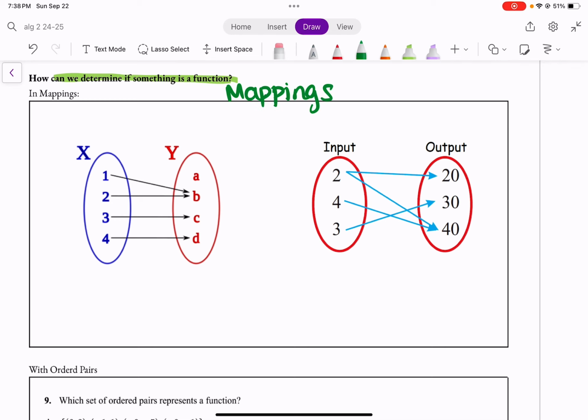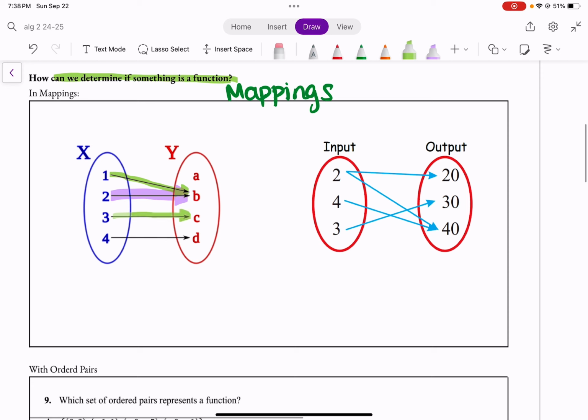So the mappings tell us that, hey, the 1 goes to B, the 2 goes to B, the 3 goes to C, and the 4 goes to D, okay? So again, in order for something to be a function, every input can only have one output. So if we notice, the 1 is only going to one place. The 2 is going to one place.